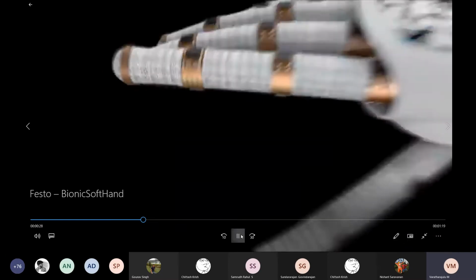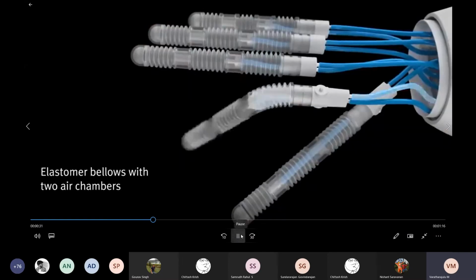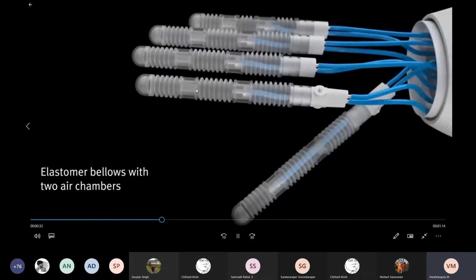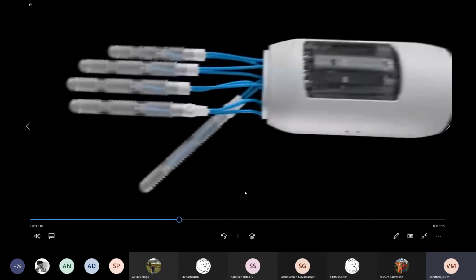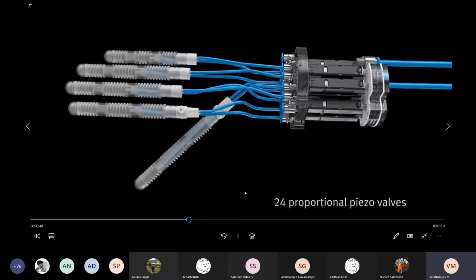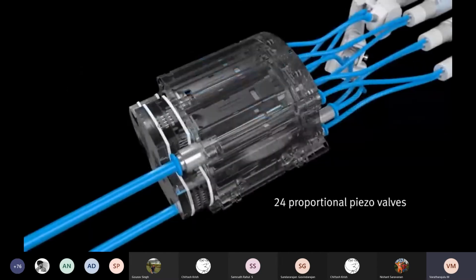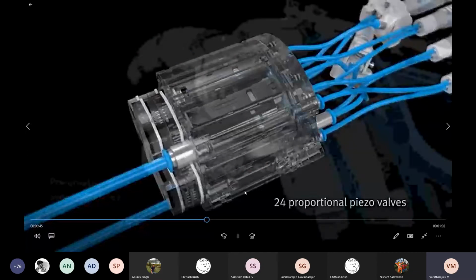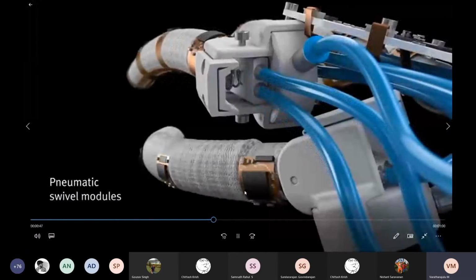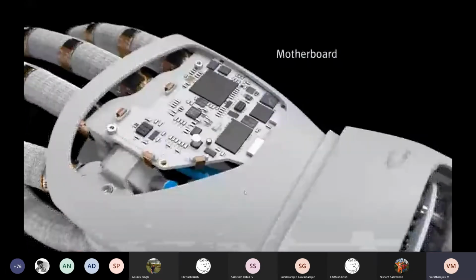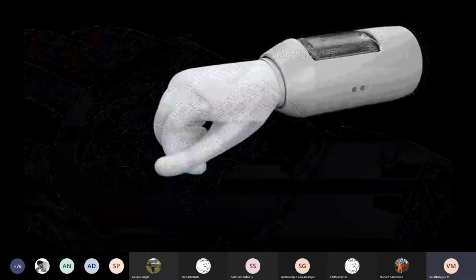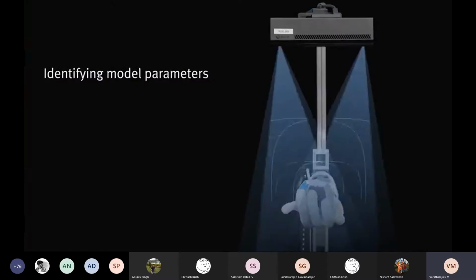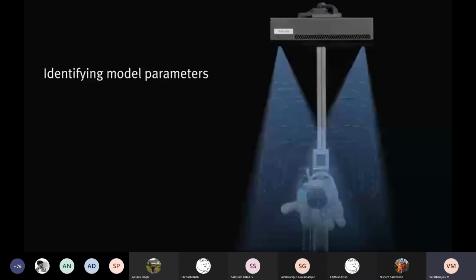See here, actuation at this point and here. Similarly here and here. And 24 proportional piezo valves. Here we need a motherboard, not to handle a single hand task.